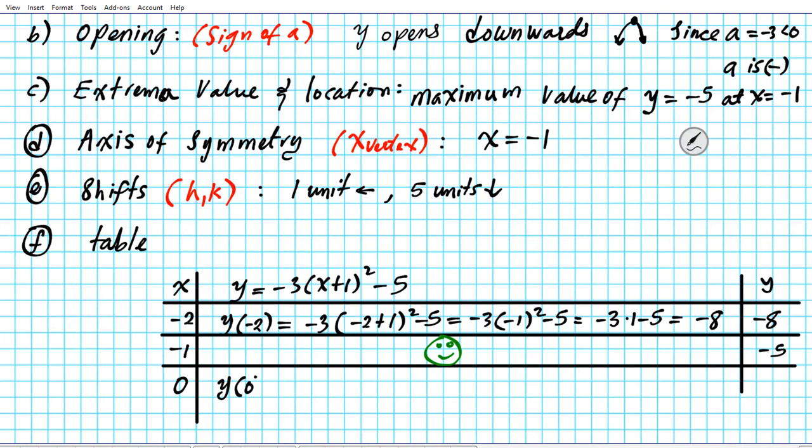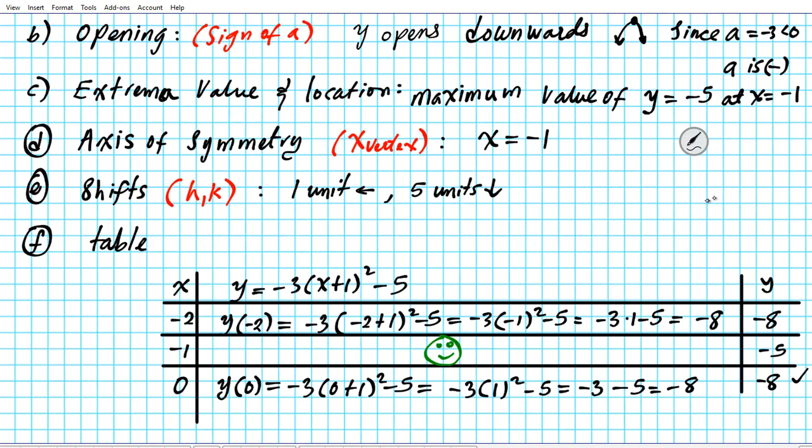So we're going to look for y of 0, which is -3 times the quantity 0 plus 1 squared minus 5. That gives us -3 times 1 squared minus 5, which is -3 times 1, which is just -3, minus 5. Final answer is -8, and it matches perfectly, so everything is good.